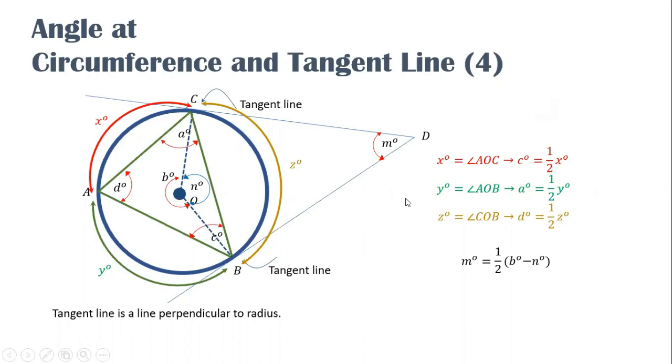M degrees equals a half, open the bracket, B degrees minus N degrees. Once again, M degrees is half times, open the bracket, B degrees minus N degrees. Is it clear to everyone? Listen, X degrees, Y degrees, Z degrees are arc angles or angles at center.